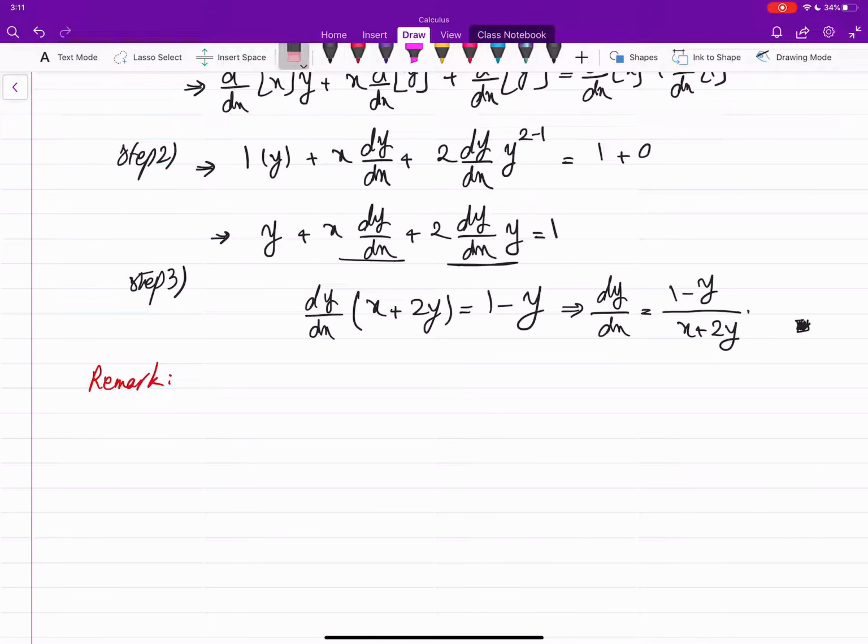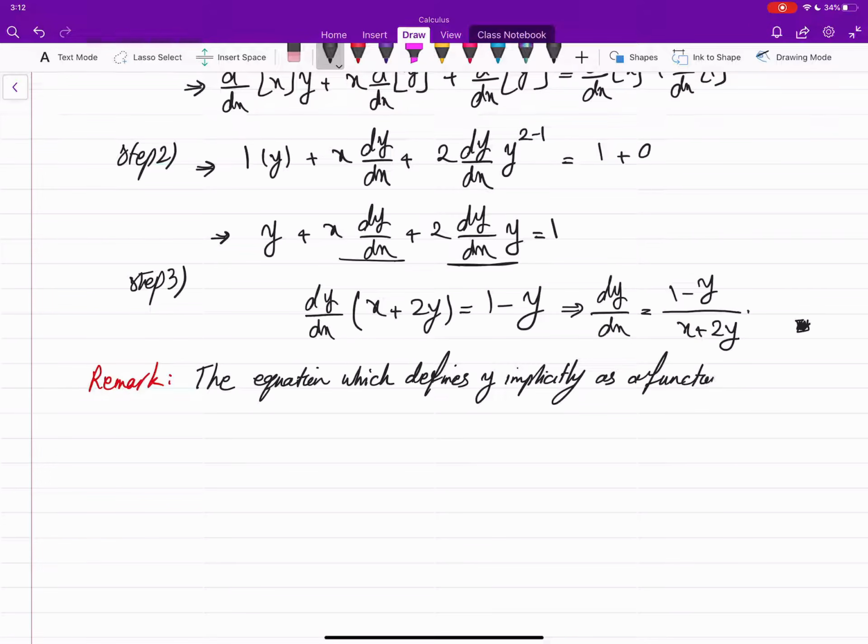The equation which defines y implicitly as a function of x also defines a curve, the curve on the plane.